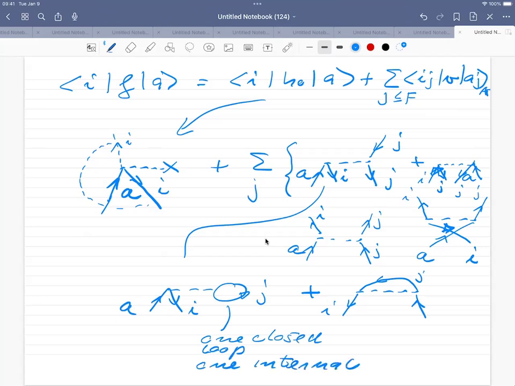And each internal hole line gives rise to a factor of -1. Each closed loop gives rise to a factor of -1. So this in total gives a factor of +1. And then I can read off the integrals directly from the indices for the particle states and the hole states.